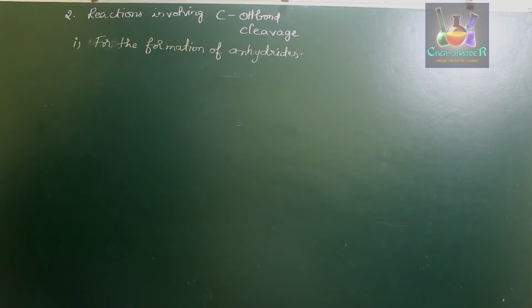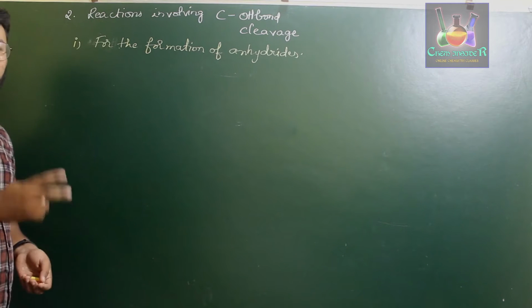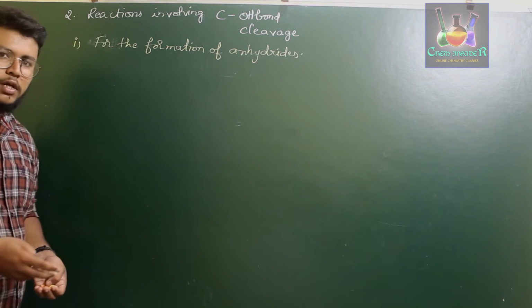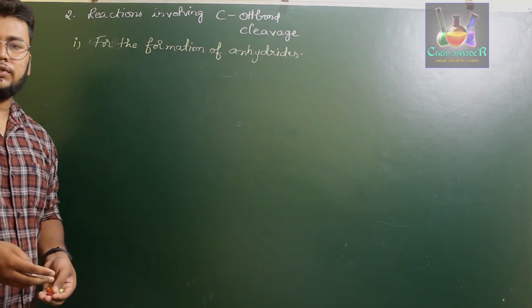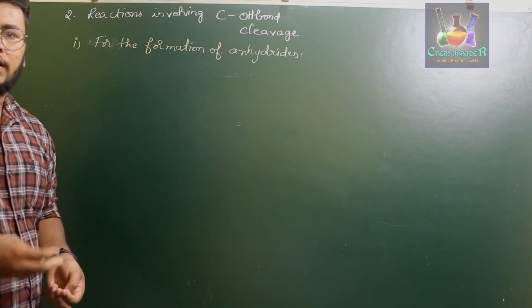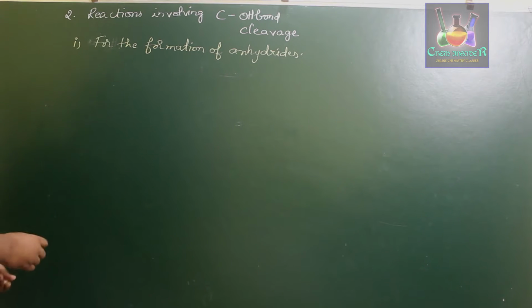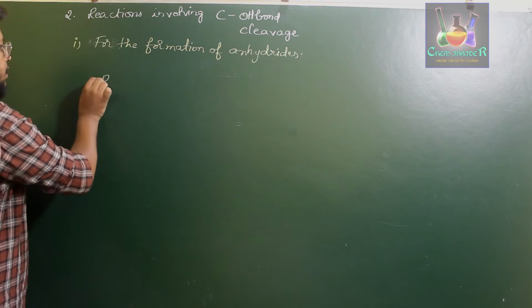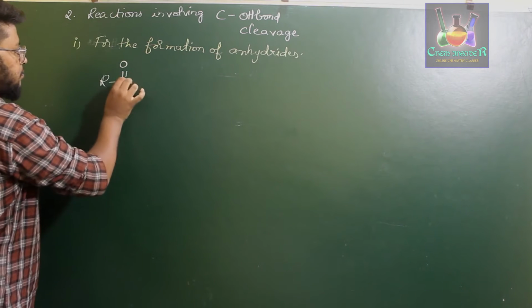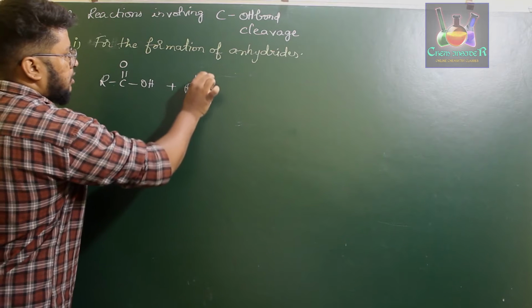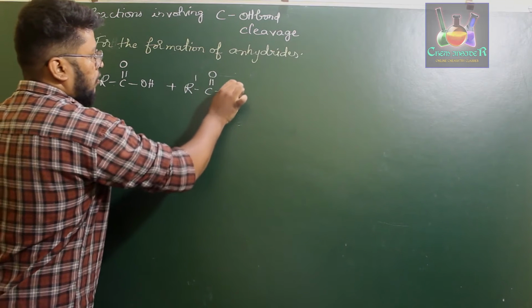Anhydrides are formed when two carboxylic acids of the same alkyl group, or two carboxylic acids of different alkyl or aryl groups, undergo dehydration. Consider two carboxylic acids, let us say RC double bond O, OH, and R prime C double bond O, OH.